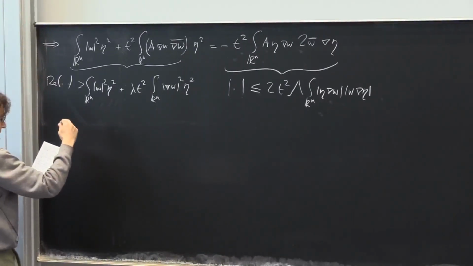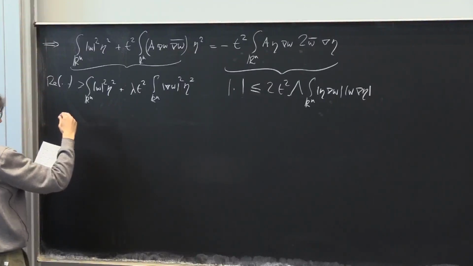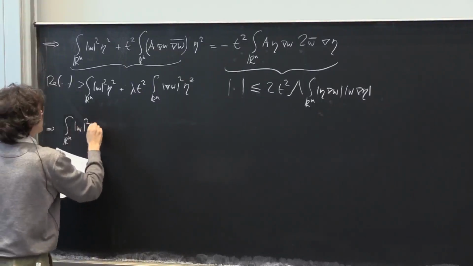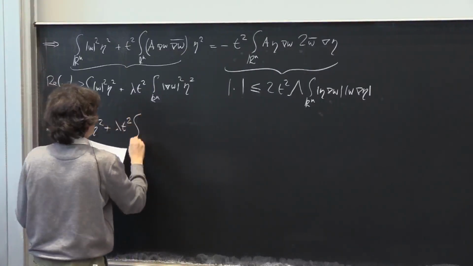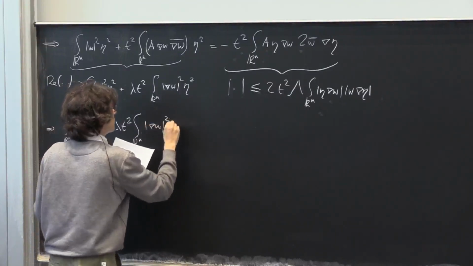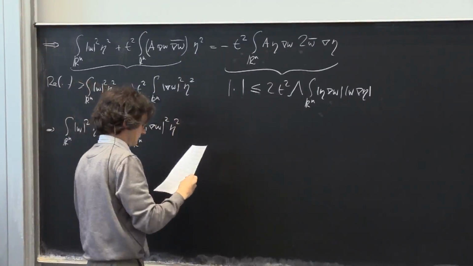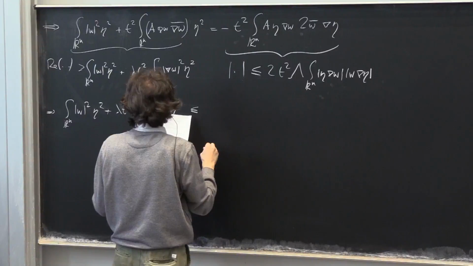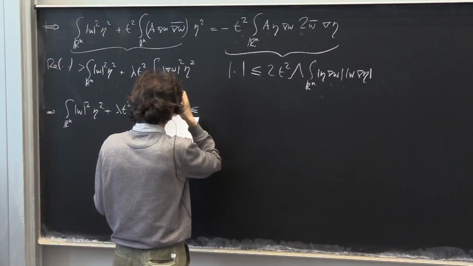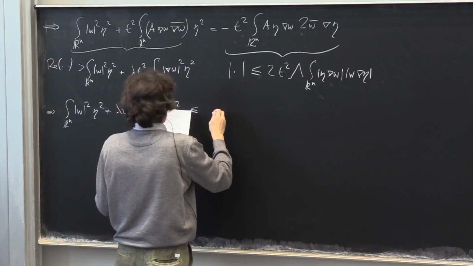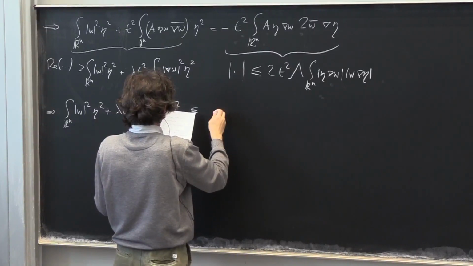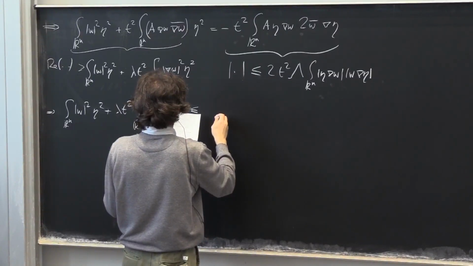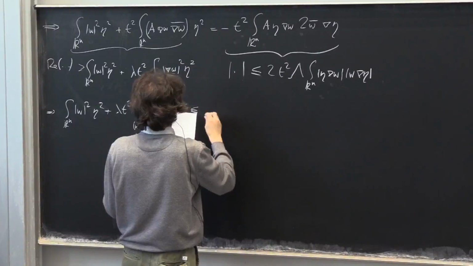Let's write this down. Okay, so this is integral over Rn modulus of w squared eta squared plus lambda t squared integral over Rn gradient of w squared eta squared is less than t squared.